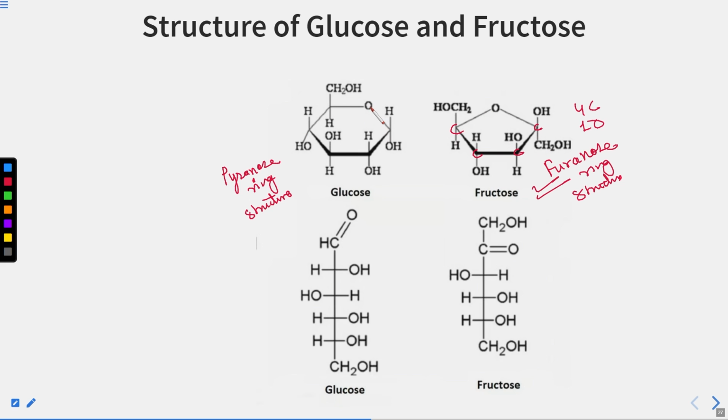Now here you can see 1 oxygen, 1, 2, 3, 4, 5 carbon, the pyranose ring structure. And these ring structures can also be found in the form of an open straight chain. So this is the open straight chain of the glucose, and this is the open straight chain of the fructose.